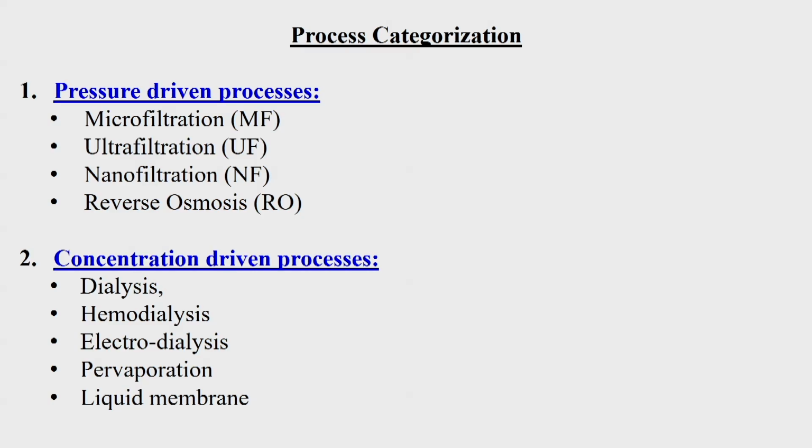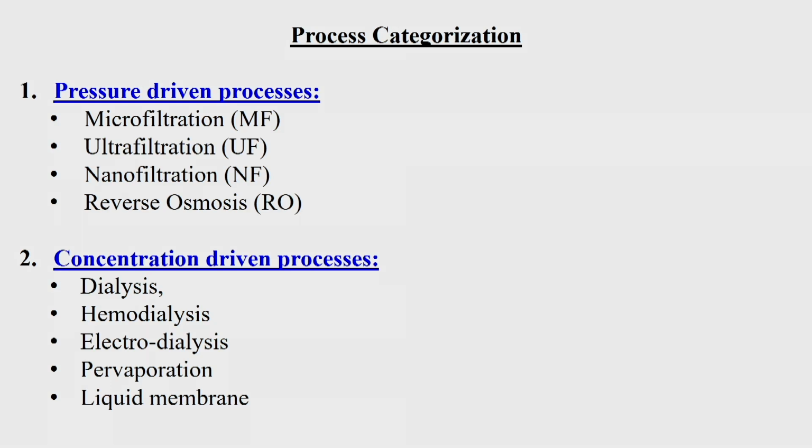Now, we need to do the process categorization. As per the pressure driven processes, we have 4 different types of membrane separation processes. One is the microfiltration membrane, second is the ultrafiltration membrane, third is the nanofiltration membrane, fourth is the reverse osmosis membrane.